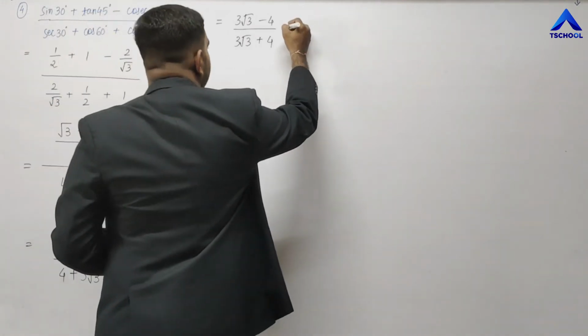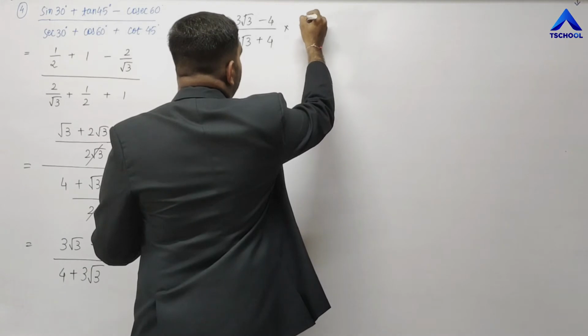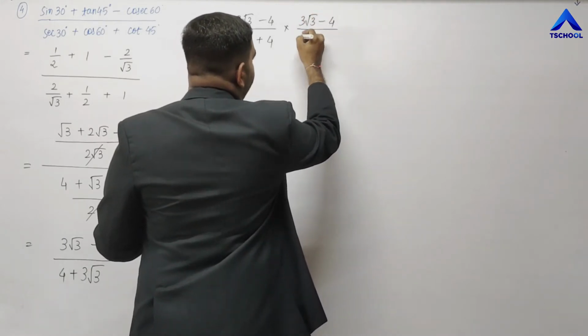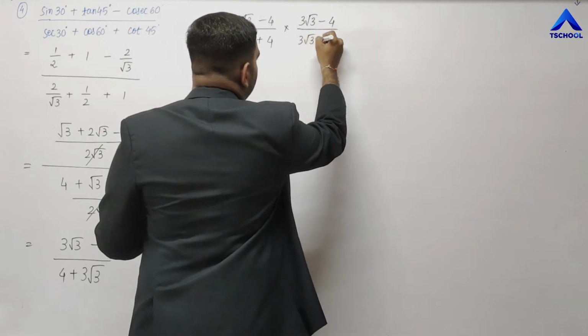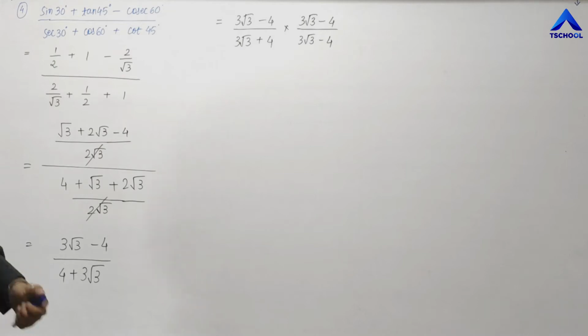Now to rationalize the denominator, what we are going to do is, we are going to multiply the rationalizing factor of the denominator in numerator and denominator.